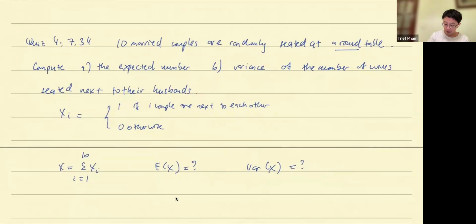And the expectation of x, of course, entails the expectation of xi. What's the expectation of xi here?